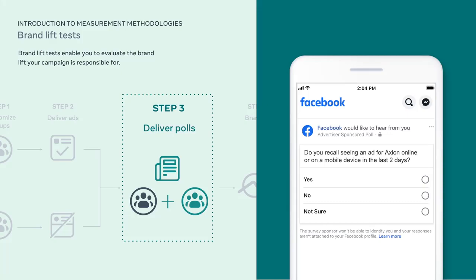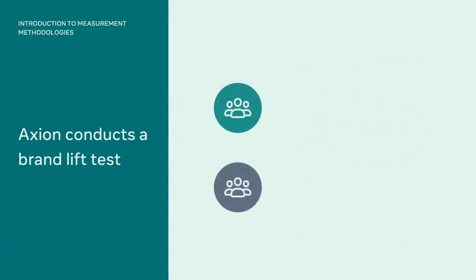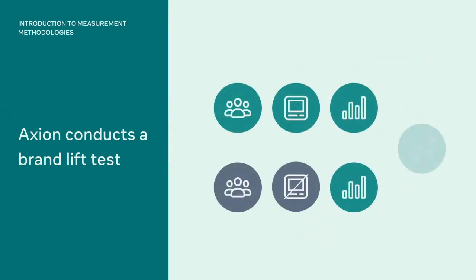after ad delivery. So let's walk through how Axion, for instance, conducted their brand lift test. First, the Axion team creates the target audience for the campaign, and then Facebook divides the audience into random, non-overlapping groups. This randomization helps ensure the test is conducted fairly, so other factors won't skew their results. The ads can be delivered to the test group, but not the control group.